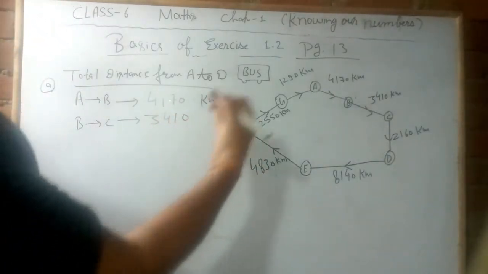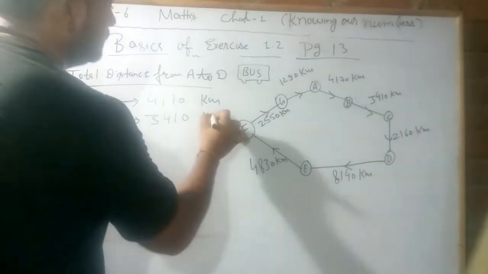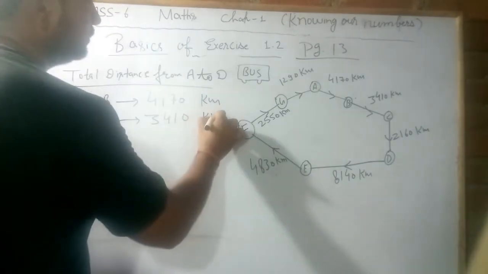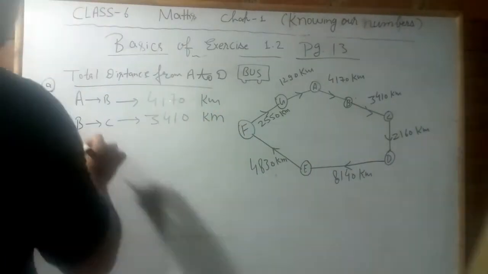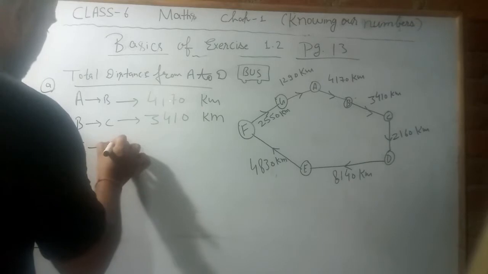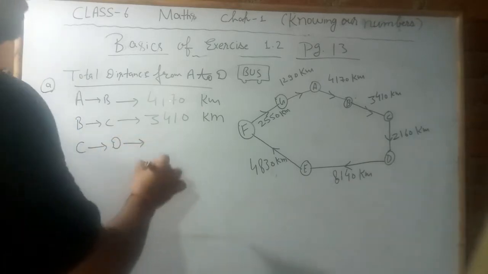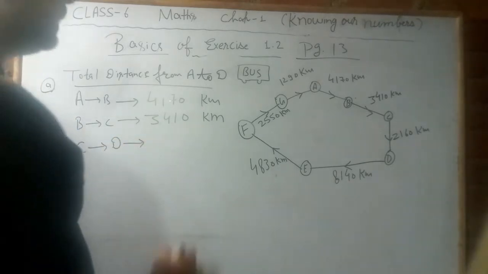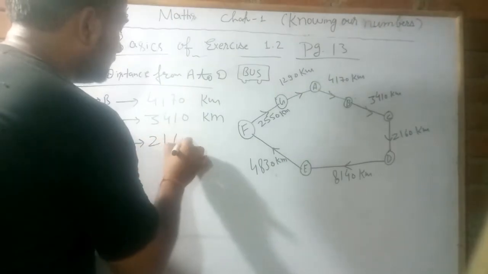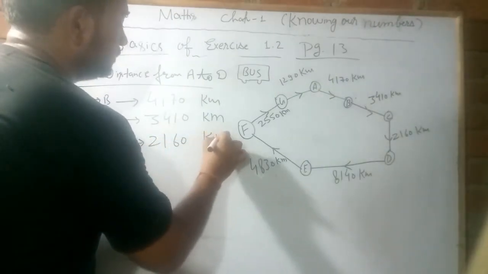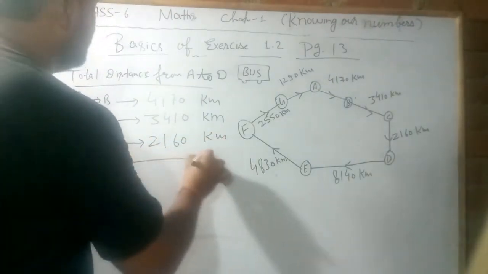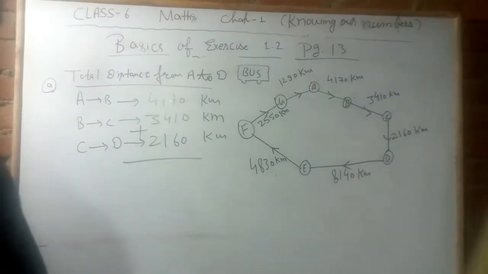Now C to D, 2,160 kilometer. Now simply add them all.